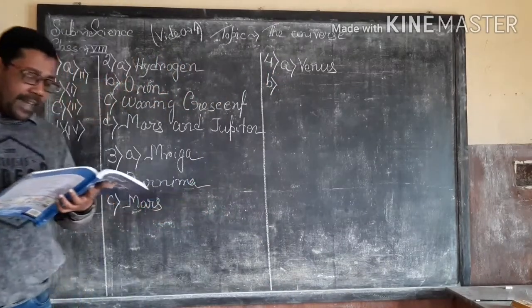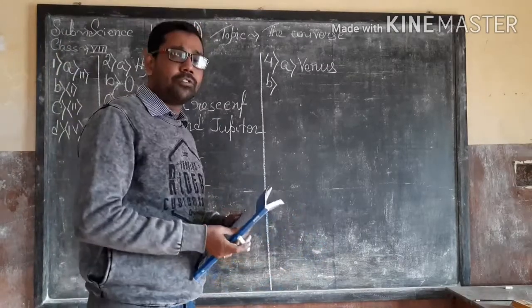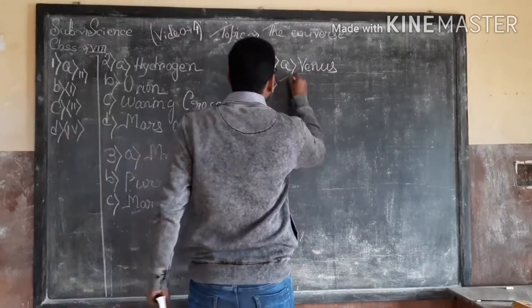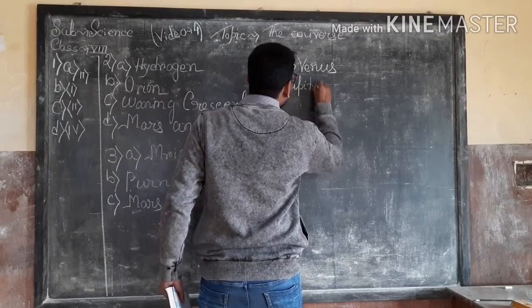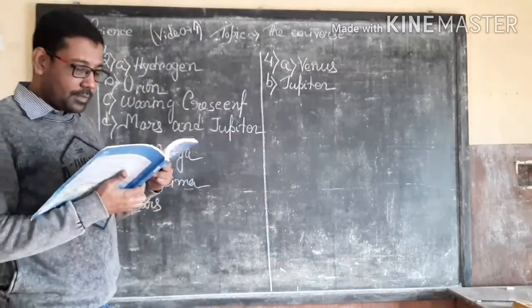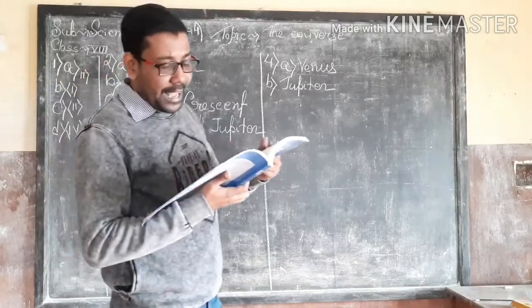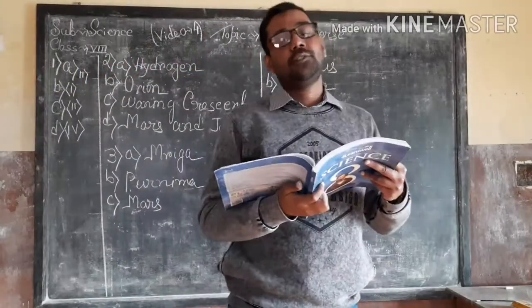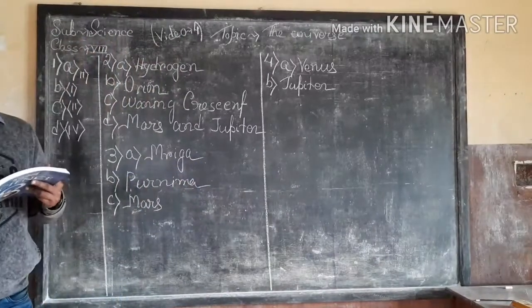Second statement: Neptune is the largest planet of the solar system. It is also false. Jupiter is the largest planet in our solar system. Third one: Uranus is a yellow planet with rings. It is also false because Saturn is a yellow planet with rings.